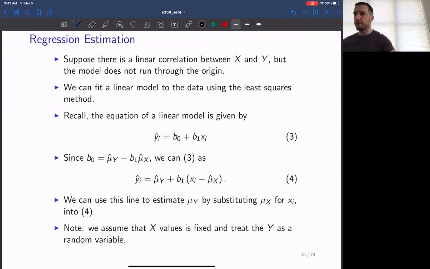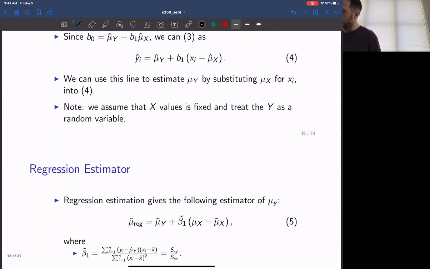Okay, so the process of deriving this estimator is pretty straightforward. So essentially, we're going to assume that there's a straight line model that relates the variable of interest to the auxiliary variable. Okay, and that straight line model is given in 3, and you can see that this is just a linear regression model, a simple linear regression model. Okay, so from 3, we can show that since B0 is mu hat y minus B1 mu hat x, then the estimates of y can be written as mu hat y plus B1 times x minus mu hat x.